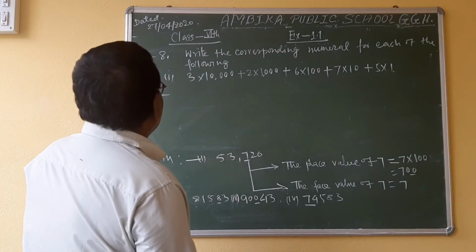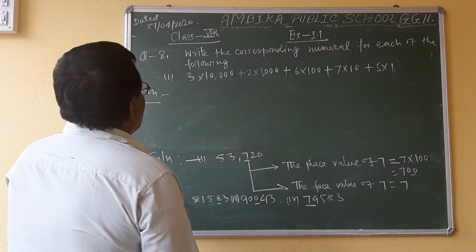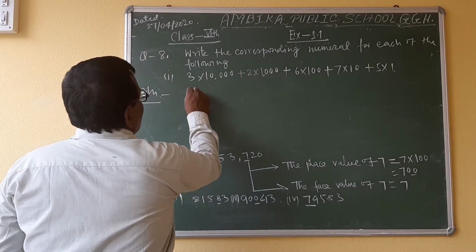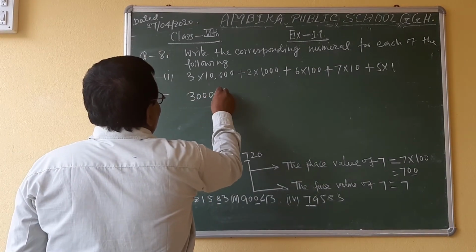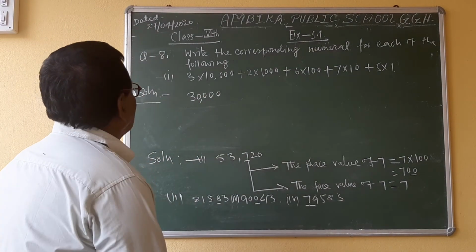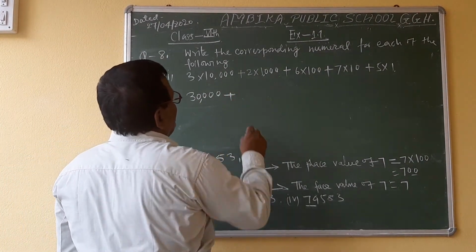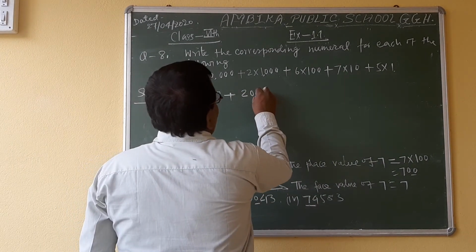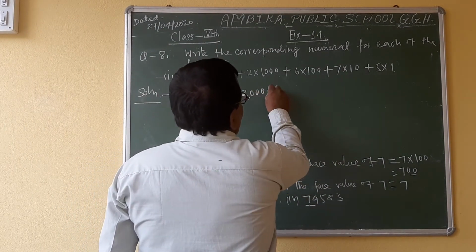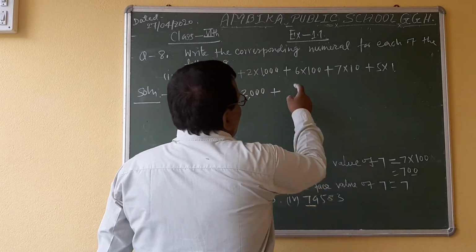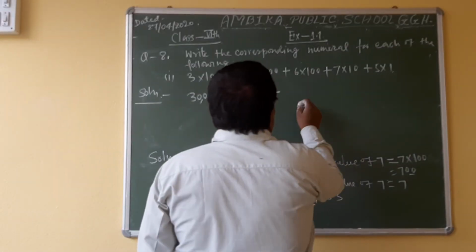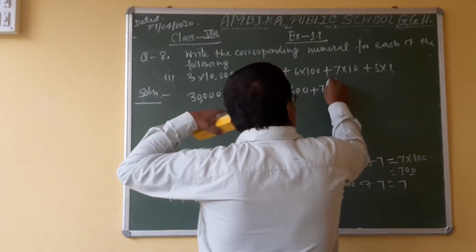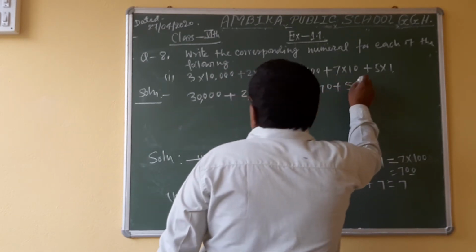At first multiply 3 by 10,000. We get 30,000. Multiplying 2 by 1,000, we get 2,000. Again multiplying 6 by 100, we get 600, plus 70, plus 5.